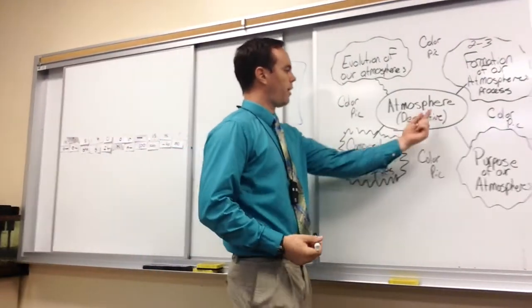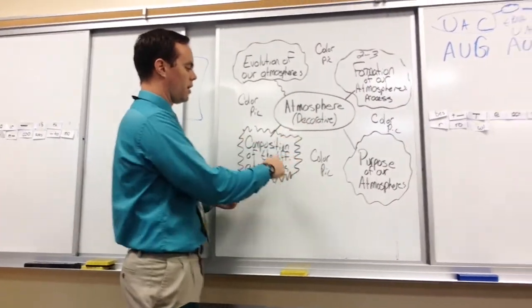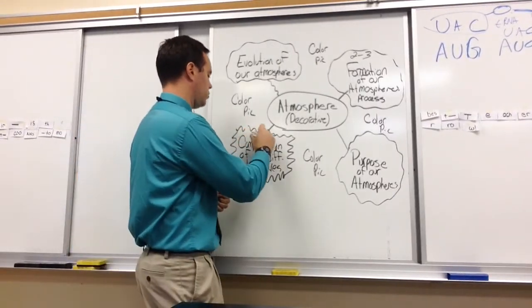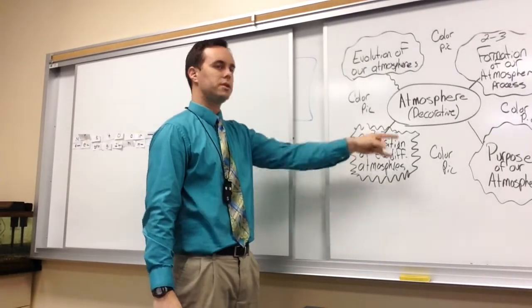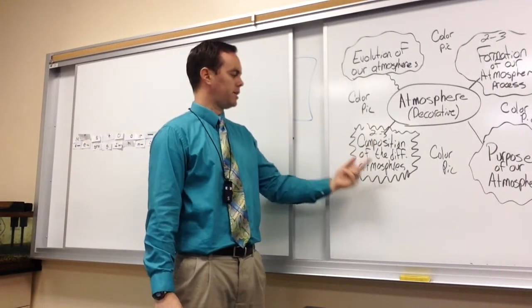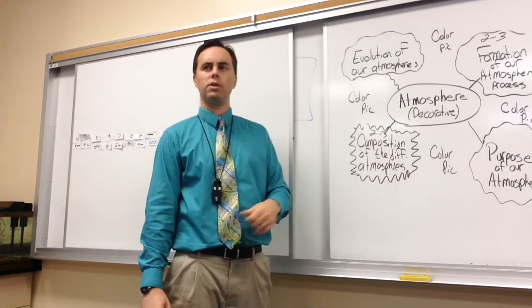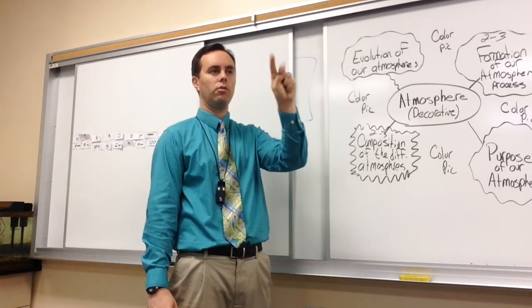Okay. Making our way around to this side, we're at like 7 or 8 o'clock over here. On this part of it, again, you're going to put a big bubble. And inside of that, I want, again, 2 or 3 sentences that tell me the composition of our different atmospheres, like what gases are in them. And yes, I know that means you're going to have to look up the gases that are in this one, right? Because we talked about the gases that were in the first one, and we only talked about 2 gases that are in our current one.